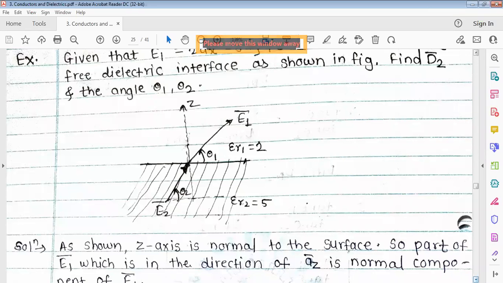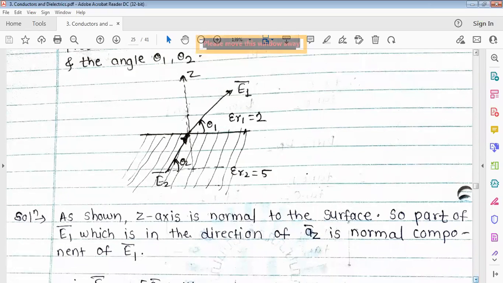So this cos theta 1 is equal to the adjacent side, that is the normal component, that is En1 divided by this E1 bar.